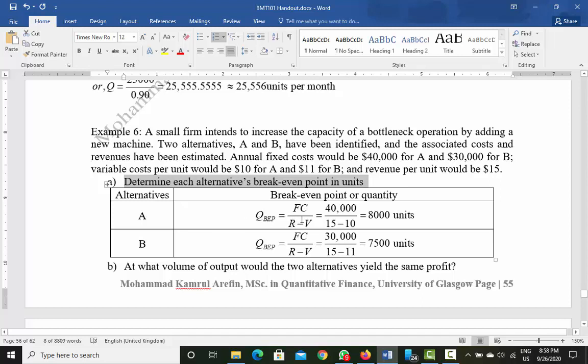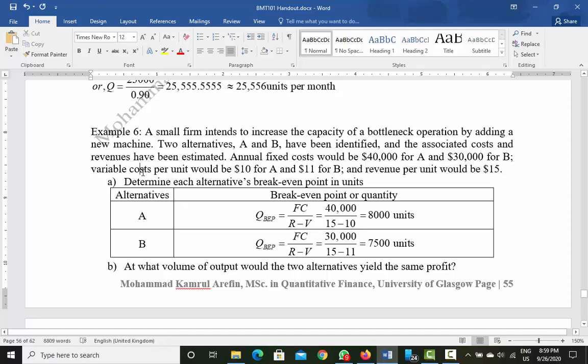The break-even point, that is the break-even quantity, is equal to fixed cost divided by R minus V. So for alternative A, fixed cost is $40,000. Revenue per unit is the same for both alternatives, which is $15 per unit.